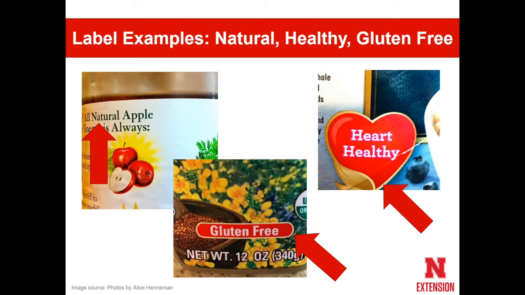But again, there's no legal definition for natural. The next product is gluten-free. And again, the product may or may not be considered a source of gluten to begin with. So it's up to the manufacturer if they want to include that title on their food labels.